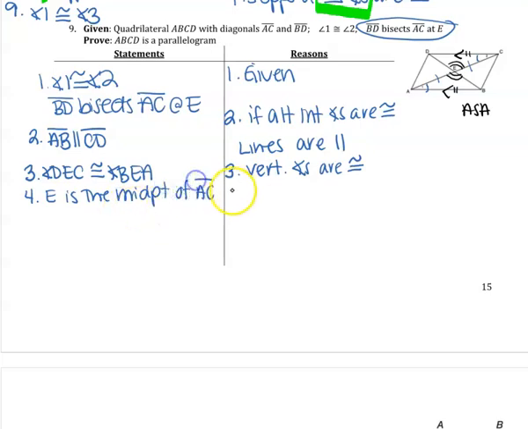E is the midpoint of AC, and that's by definition our segment bisector. Oops, I'm sorry. I started to do what you guys do. A segment bisector intersects a segment at its midpoint.